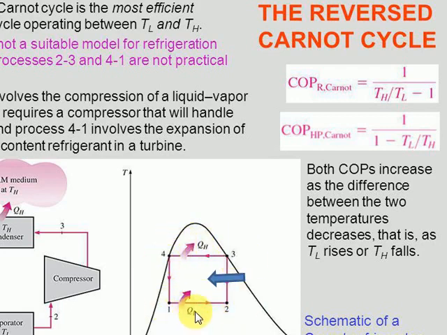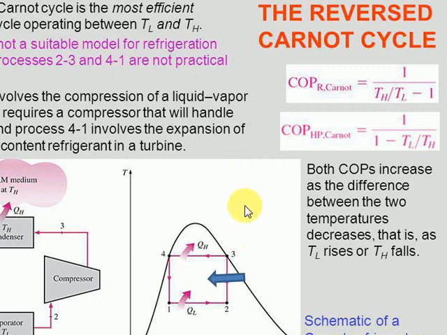Now the same cycle, if I draw beyond the critical point, the topmost point of this saturation curve is called the critical point. Beyond this critical point, in this superheated region, if I operate this cycle, then in this cycle I am using gas as a refrigerant.